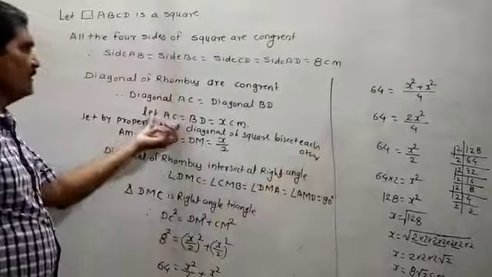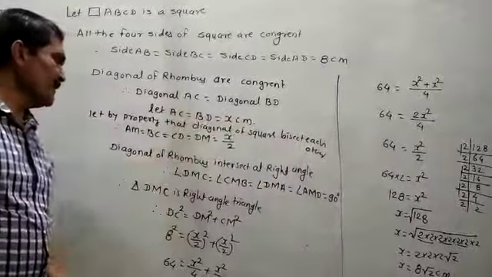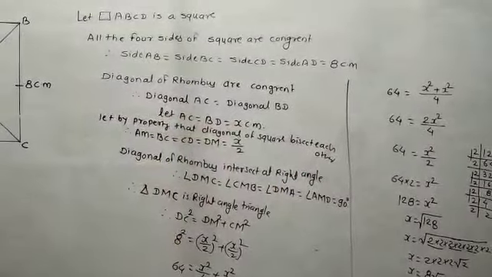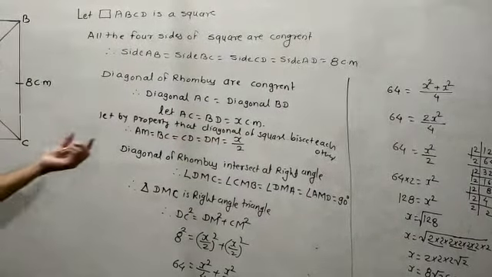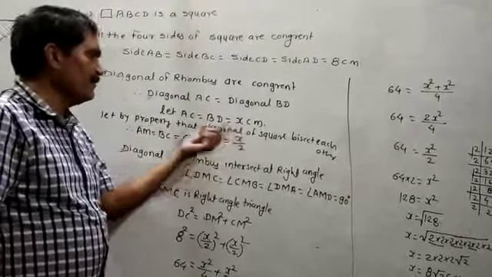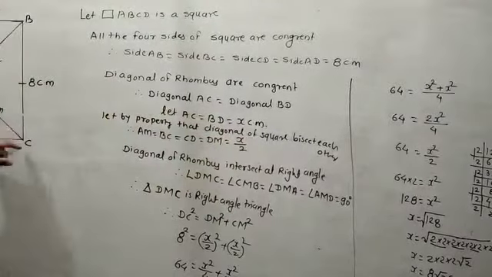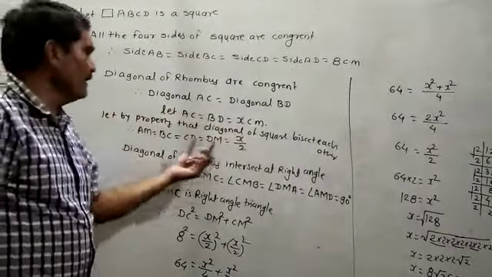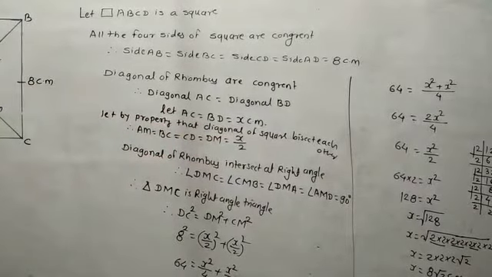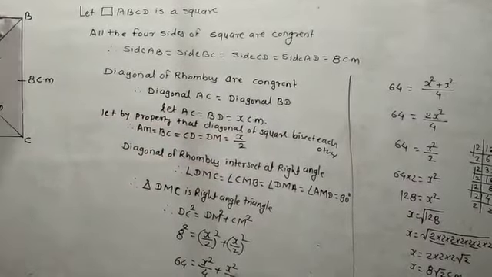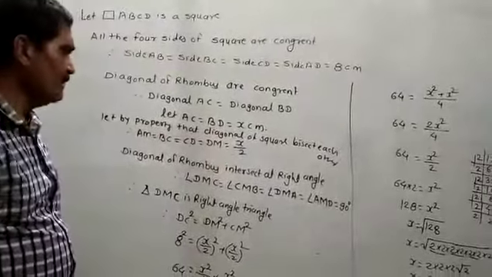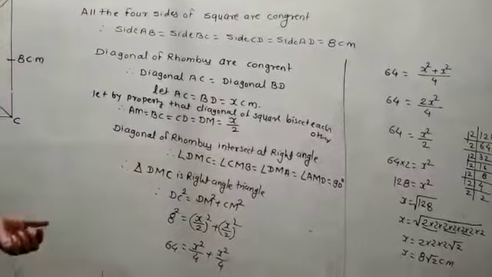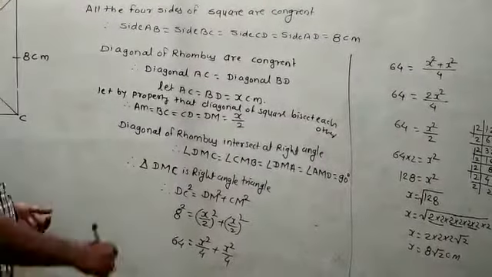If this AC is x centimeter and BD is x centimeter, and you want to find AM, BM, CM and DM, I will say that AM, BM, CM and DM are equal to x upon 2. If this whole is x, then this will be half of this x. So this one is x upon 2, this one is x upon 2, this one is x upon 2 and this one is x upon 2. So AM is equal to BM is equal to CM is equal to DM is equal to x upon 2. Then I will say that the next property, the diagonal.